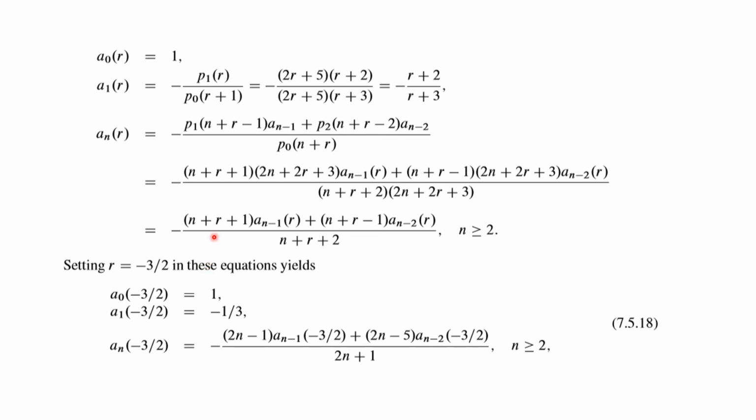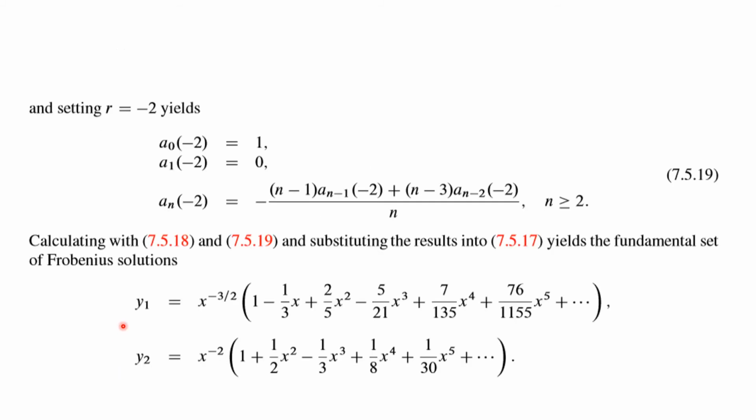So we run through the equations and we get this, and we say, okay, what happens when r is equal to minus 3/2? I get this. And what happens when r is equal to minus 2? I have this. And so these are my two solutions.